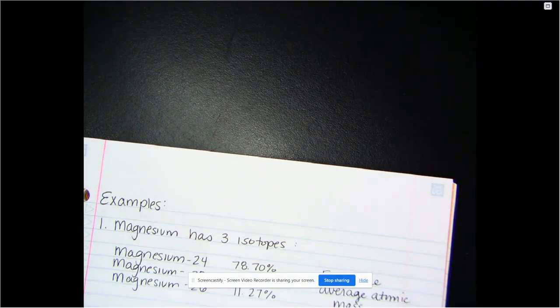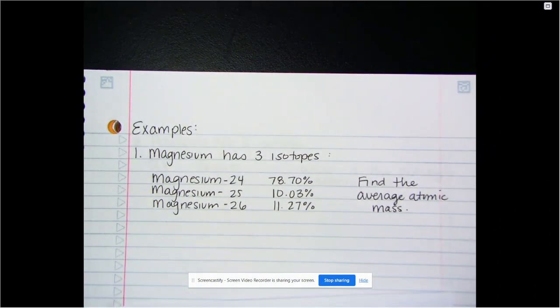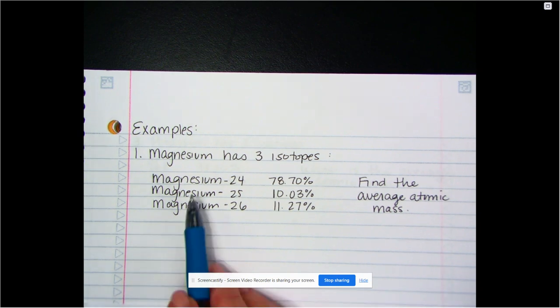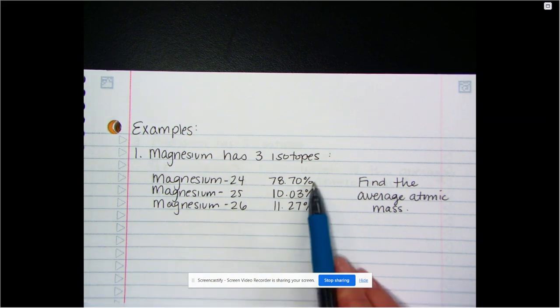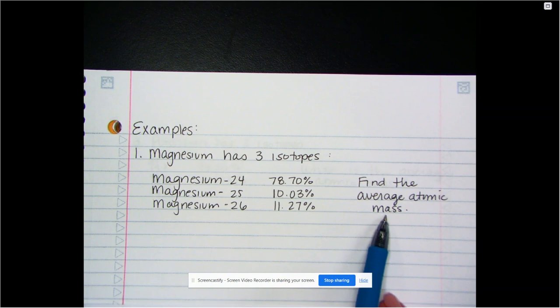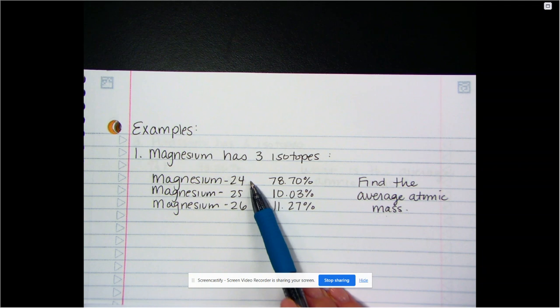All right, so for our first example, magnesium has 3 isotopes: magnesium 24, magnesium 25, and magnesium 26. You've also been given the percentages of each of those isotopes, and we're asked to find the average atomic mass. Now, in this particular problem, we're just given the whole number of the mass.